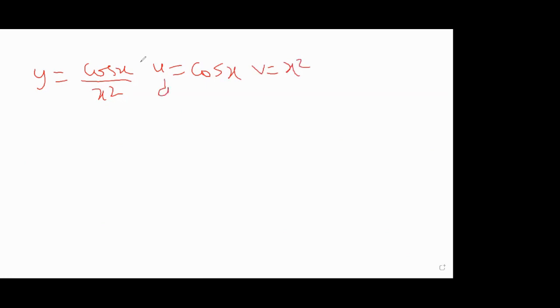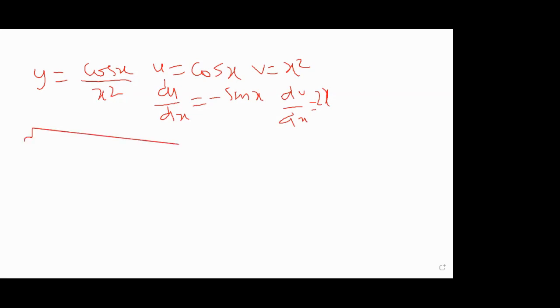Then du/dx of cos x will give you minus sine x, and dv/dx will give you 2x. Now we put these in the formula.